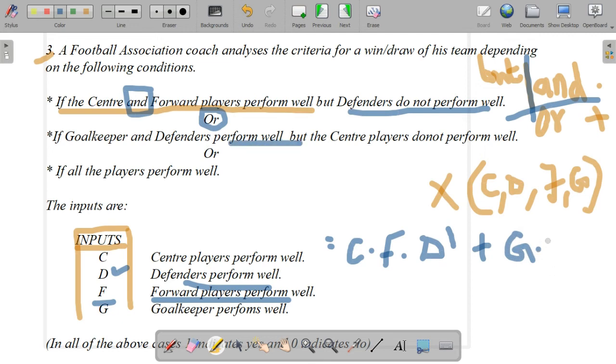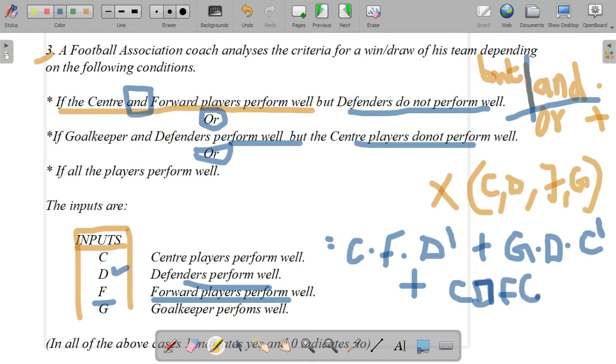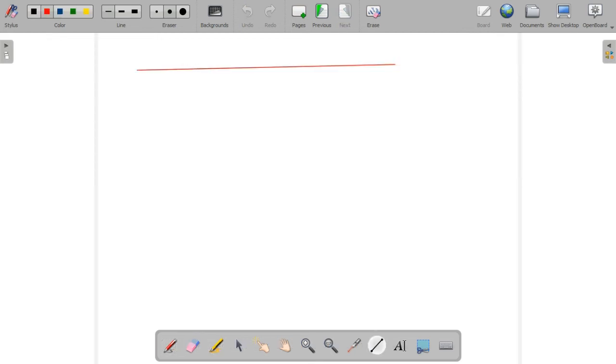Center is indicated by C, and again don't perform well, so again it is C dash. Understood? Again, next one more OR is there, so we will add plus. If all the players perform well, that means we can connect together C, D, F, G. So all are playing well, is it? So this is the expression.